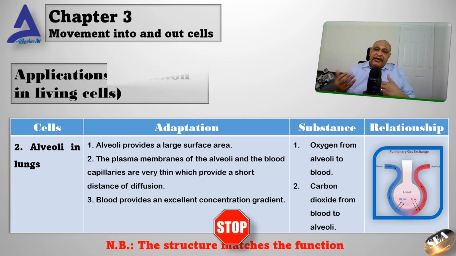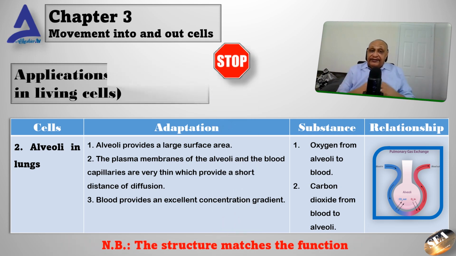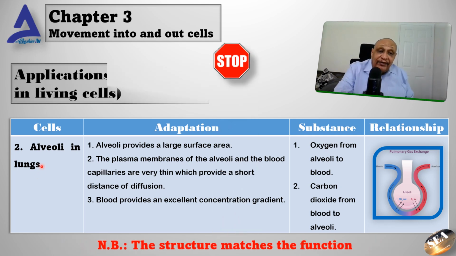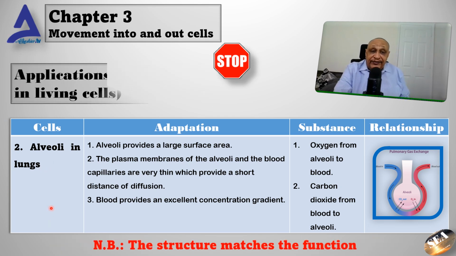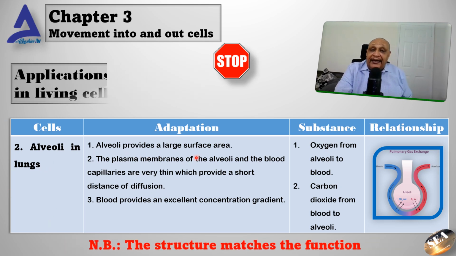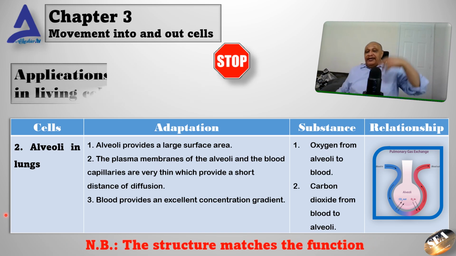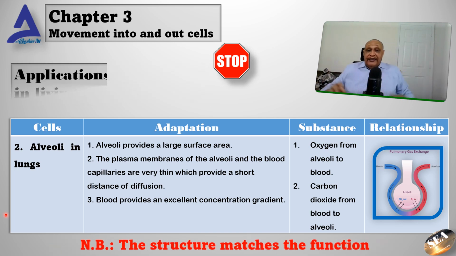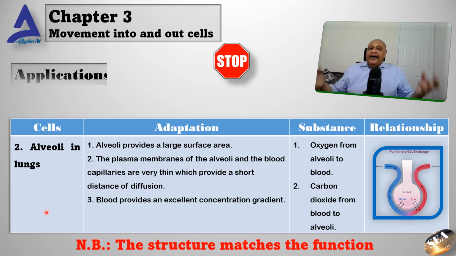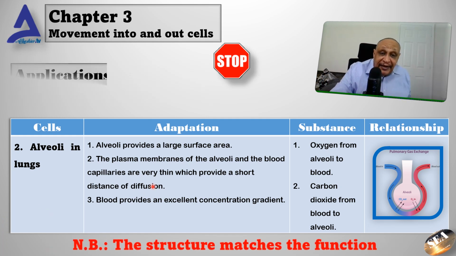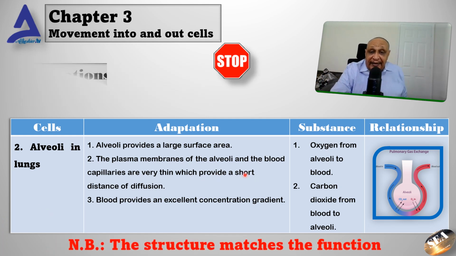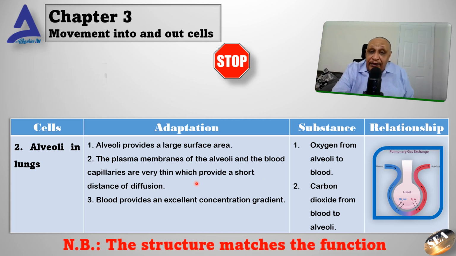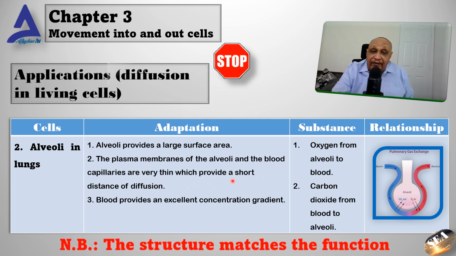So we are applying the rule that the structure matches the function. The alveoli, in order to make diffusion easy, provide a large surface area, and we said that the larger the surface area, the higher the rate of diffusion. The plasma membrane of the alveoli and the blood capillaries are very thin, which provides a short distance.